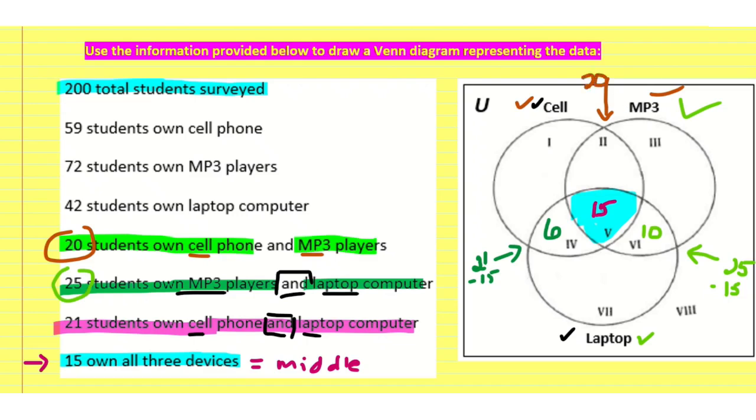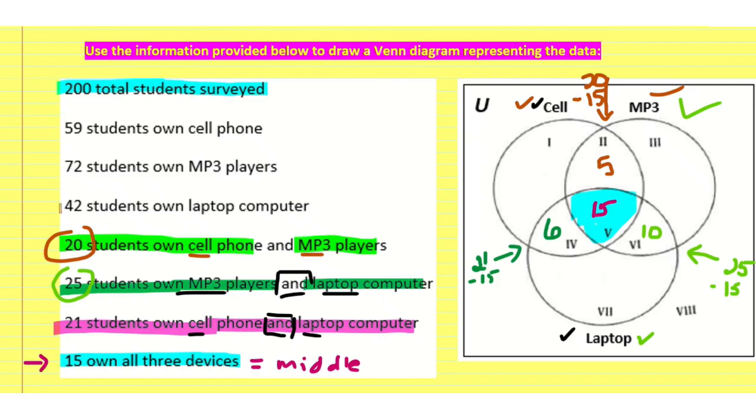However, I've already got 15 accounted for here, so I need to subtract the 15 so that I do not double count these people. So that means 5 students own 2 of these devices, a cell phone and MP3, but 15 own all 3. Okay, so now let's keep going.